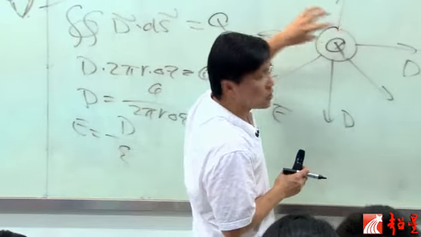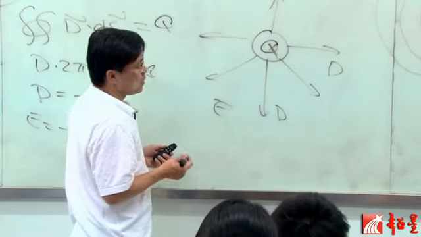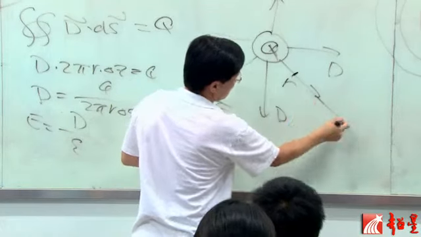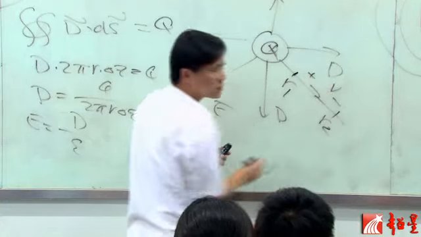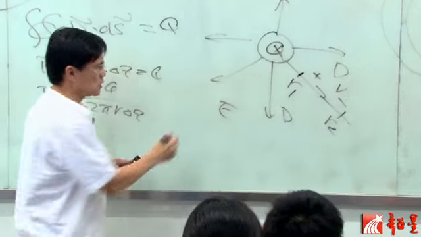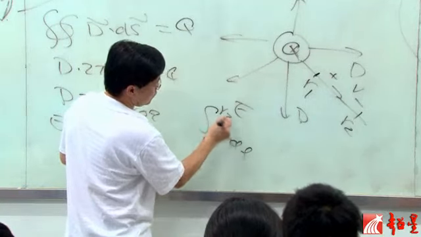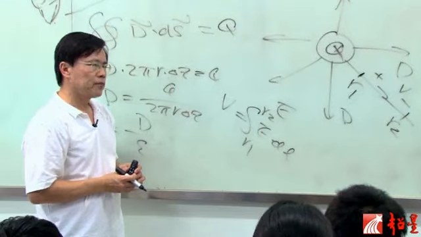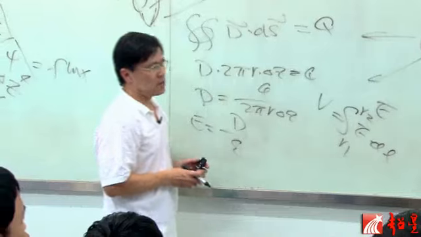The wire is going into the board. Once we know E, given any 2 points, R1 and R2, we can find the voltage between these 2 points. It's just a line integration of E from R1 to R2. This will give you voltage. That's how we can get the voltage of a single wire.